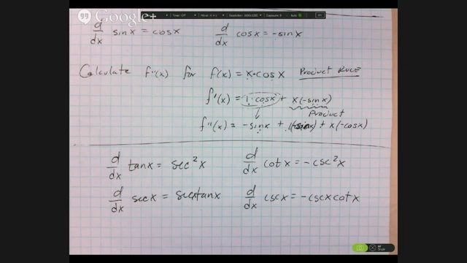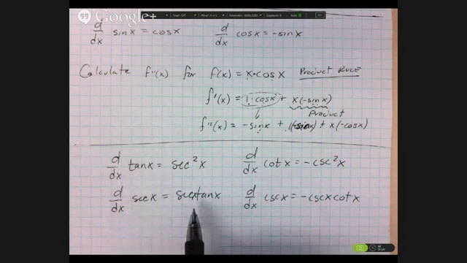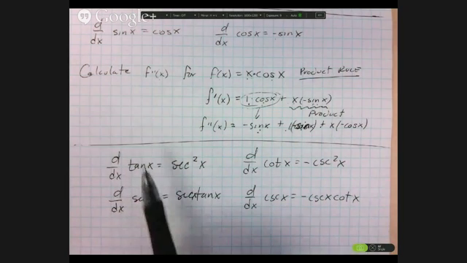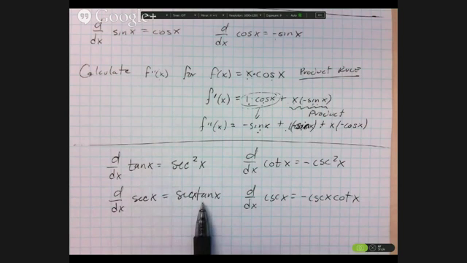All right, look at some patterns here. Tangent and secant like to hang out together.